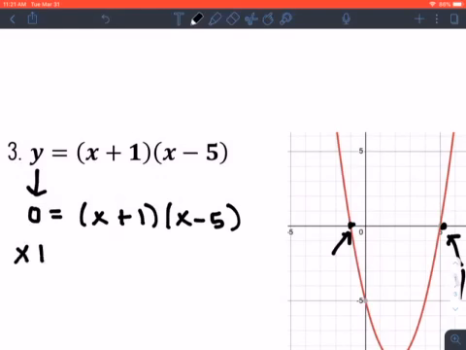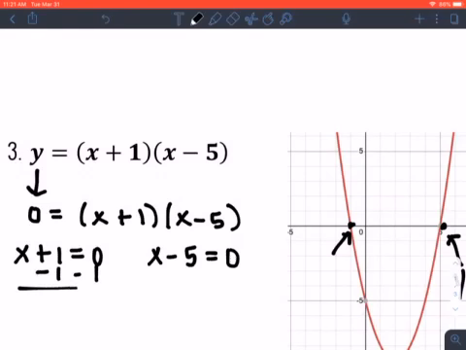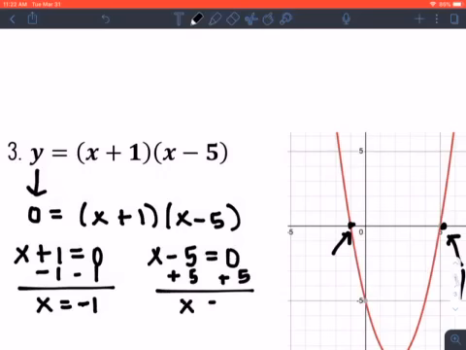So I'm going to say x plus 1 is equal to 0 and x minus 5 is equal to 0. I'm going to solve both of these. I need to subtract 1. So x is equal to -1, and here I'm going to add 5. So x is equal to +5.